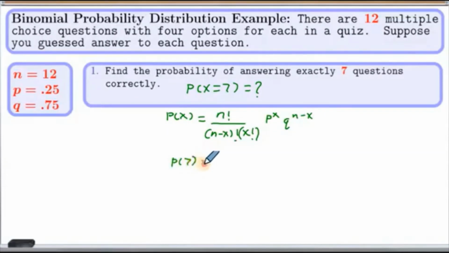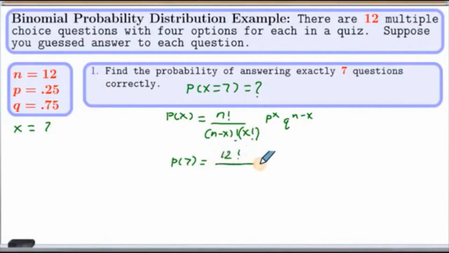For P(7), our x here is 7. Since we know our n, p, q and x, all we are doing here is plugging these numbers into this formula.